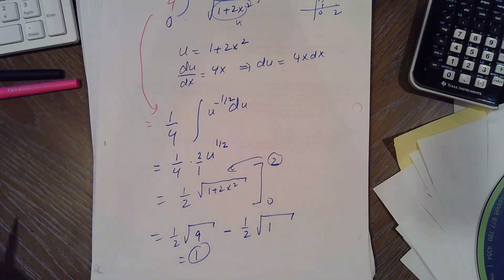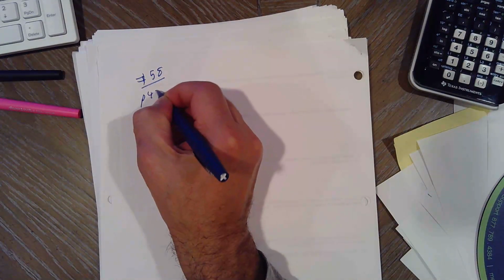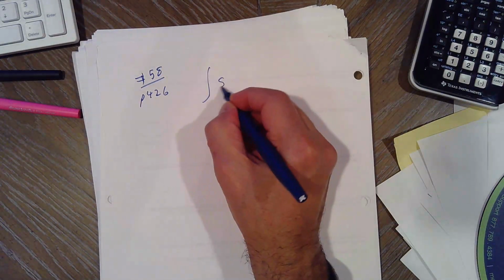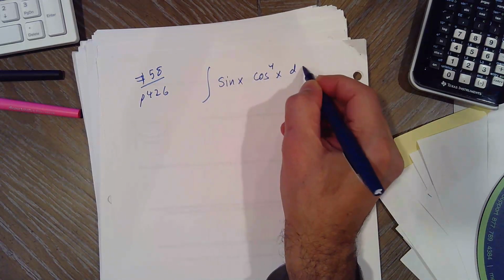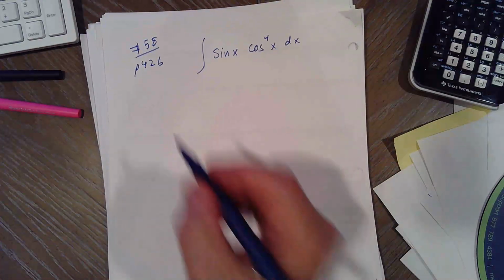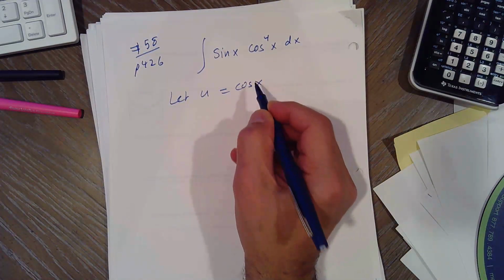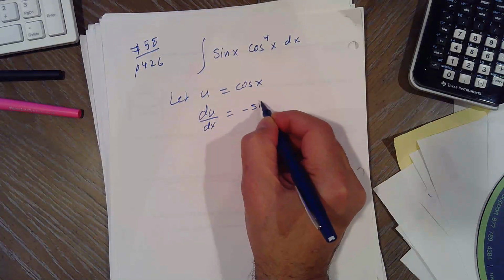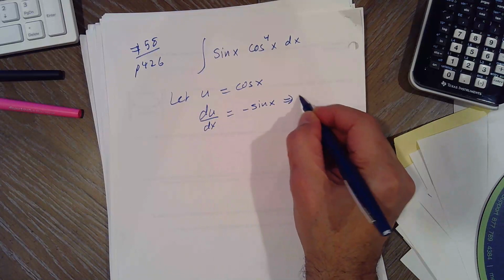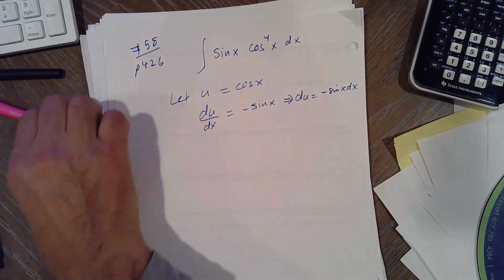Here's another example, number 58, page 426. Integral of sine x cosine to the power 4 of x dx. So if we let u equal cosine x, du/dx is negative sine x. That means du is negative sine x dx.